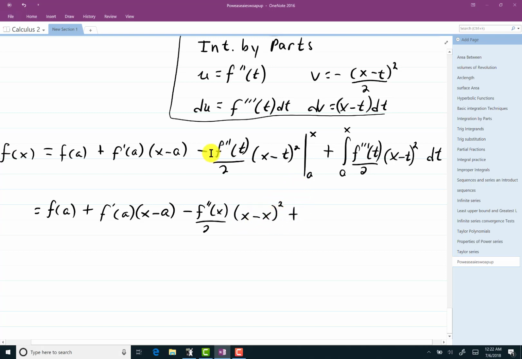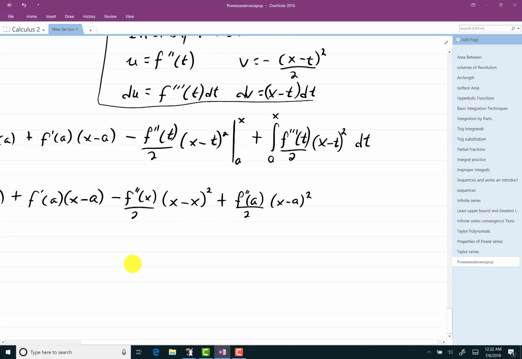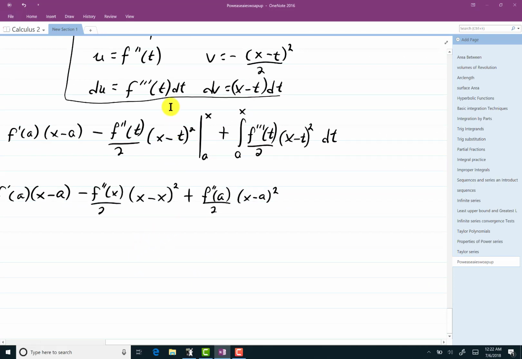And then when I subtract the negative, I'll get a plus, and I'll plug in a. And then I will leave this integral there.